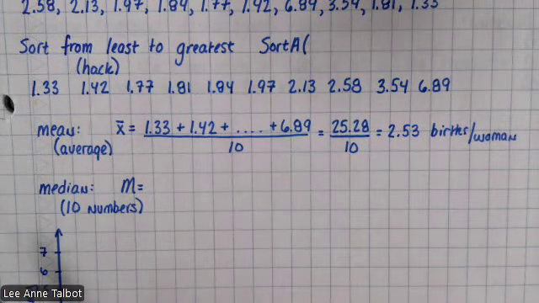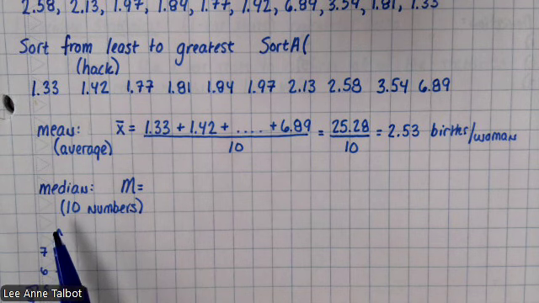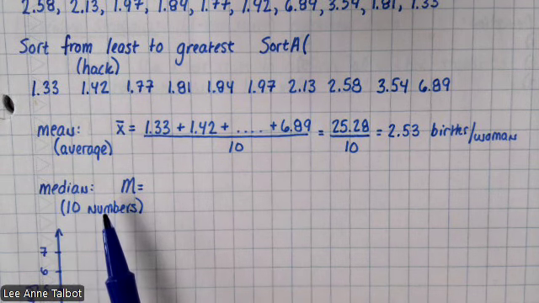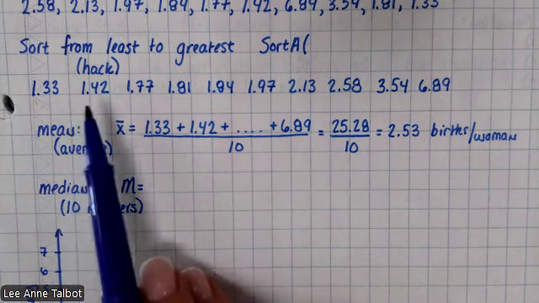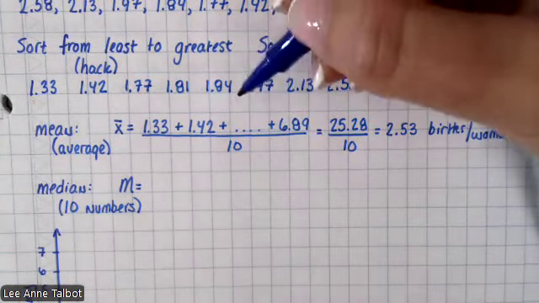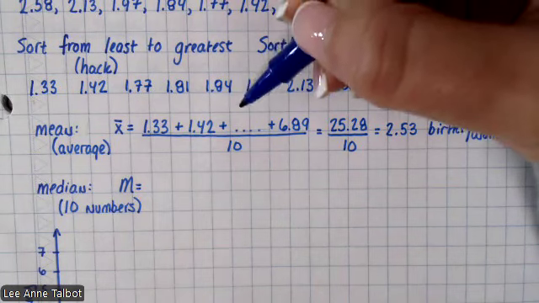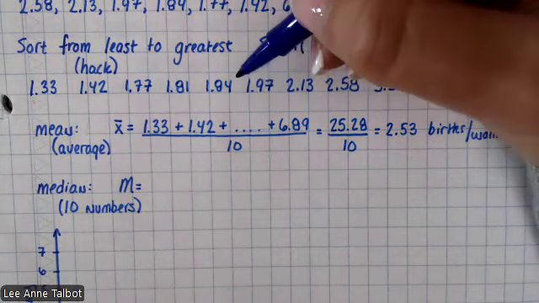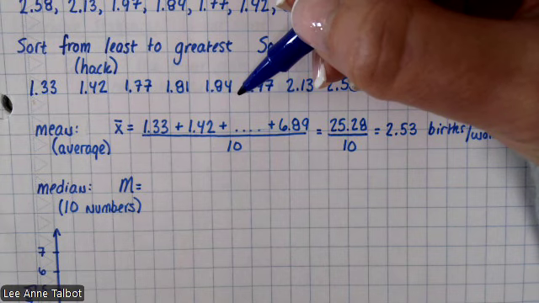The median's definition is the middle number, but the middle number doesn't really exist in my data set. It comes between 1.84 and 1.97.